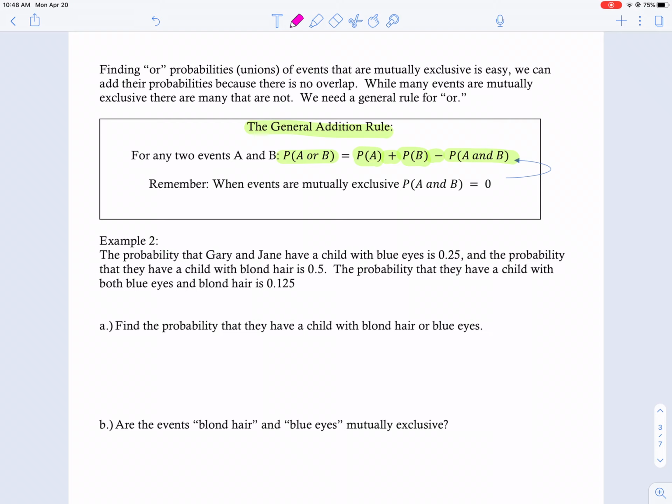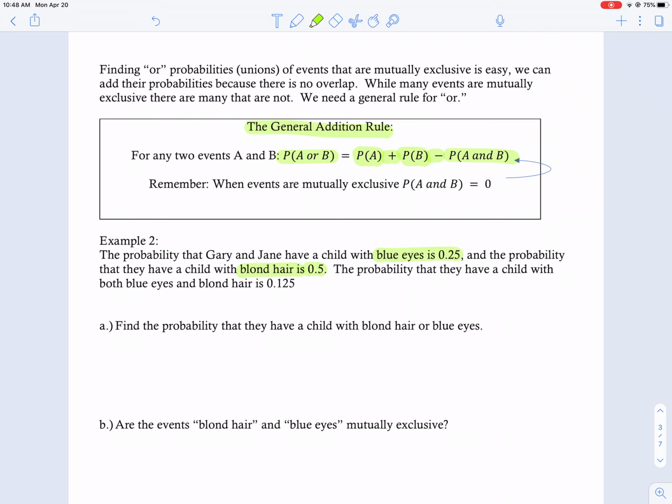Okay, so let's just talk about this example. We're talking about Gary and Jane. Gary and Jane have a child with blue eyes, and the probability of that is 25%. And the probability that they have a child with blonde hair is 0.5. So blonde hair is a half, 0.5.